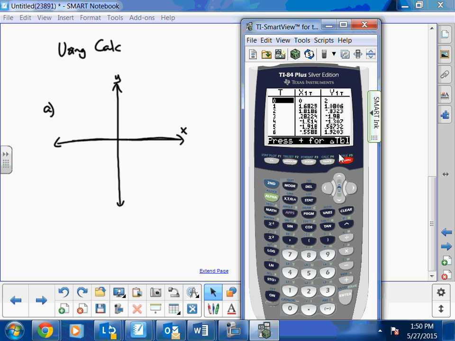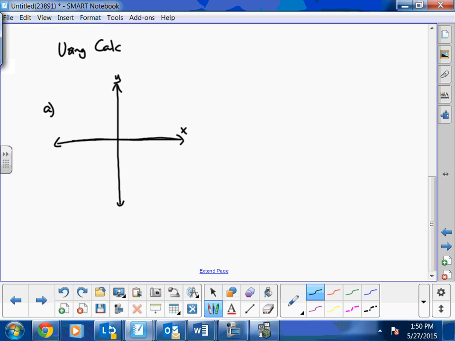So it gives you an idea. Let's see where else. You see how x goes to -2, but we're only going to go from 0 to 2.